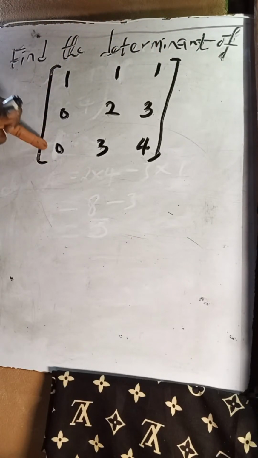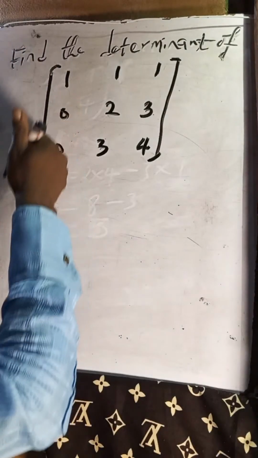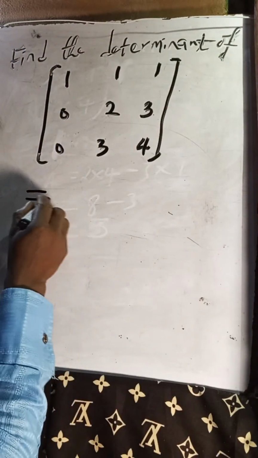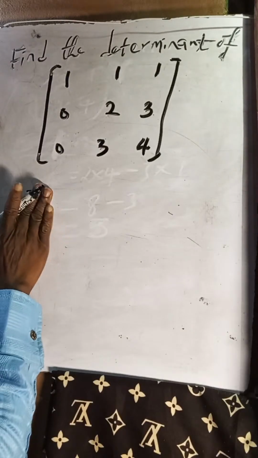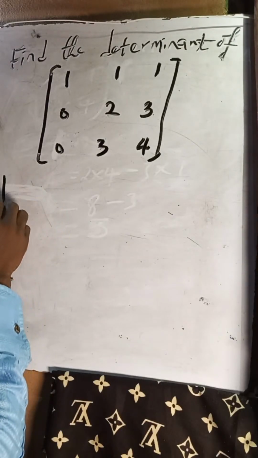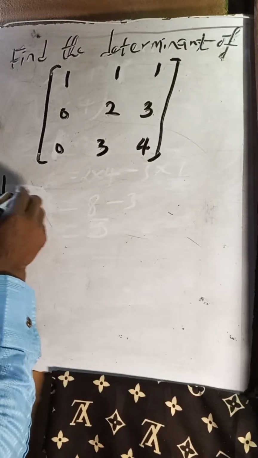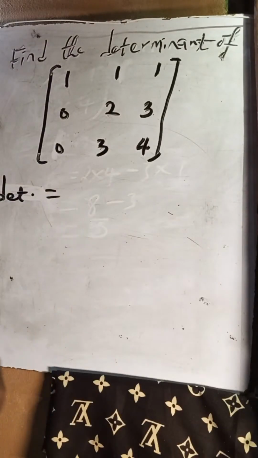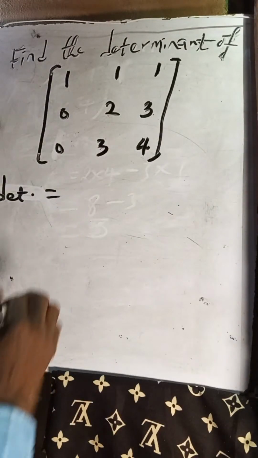You see this 0? It means we are done. This 0 shows that we are done. We have no business with this except with this. So following this point, my determinant, det, is very simple.